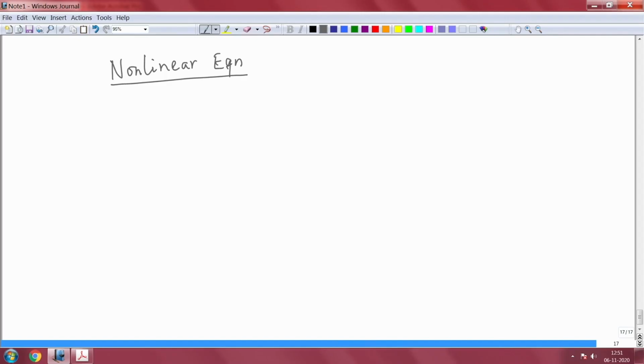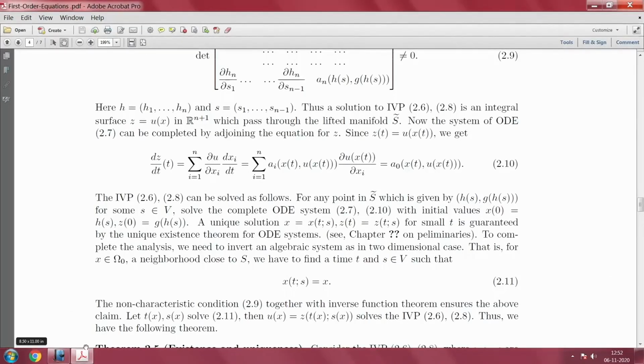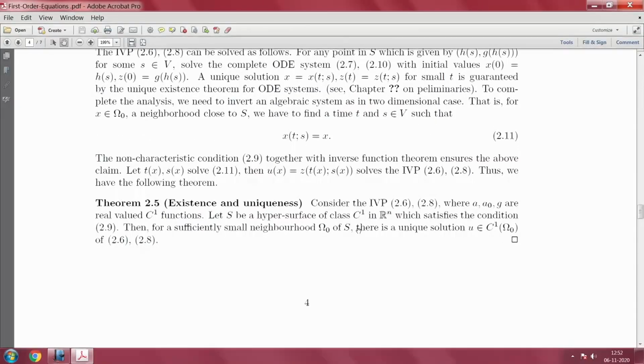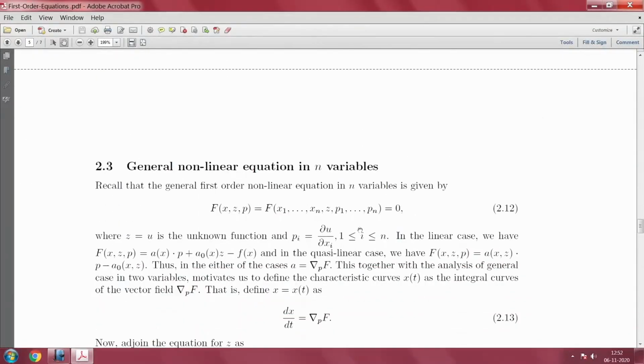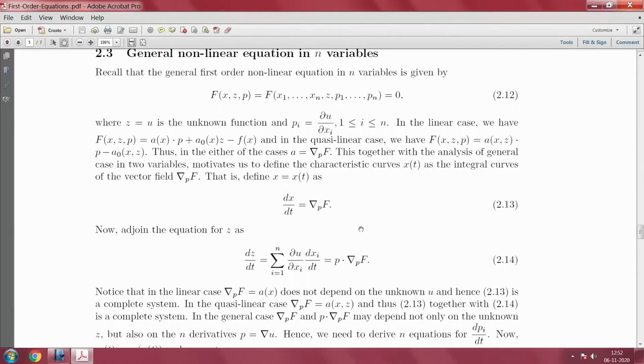So, you can expect same difficulty to continue even in higher dimensions. So, this is how we started. Again non characteristic Cauchy problem. The same theme as in the case of 2 variables continues.